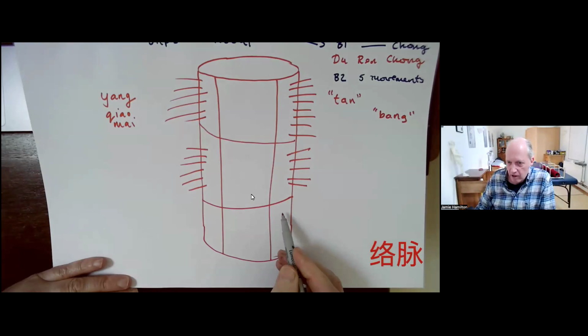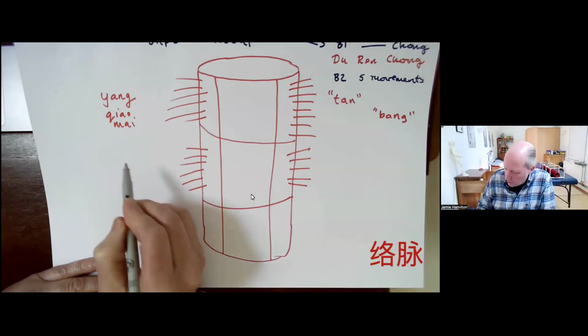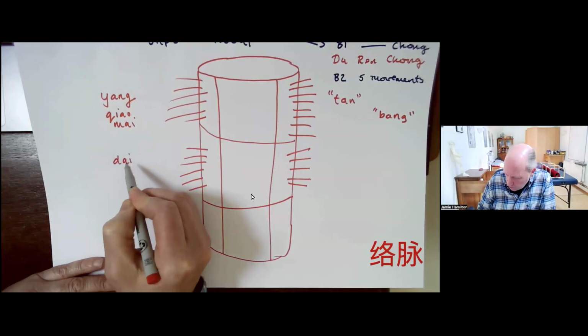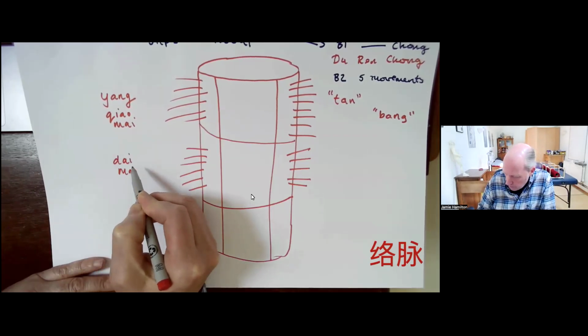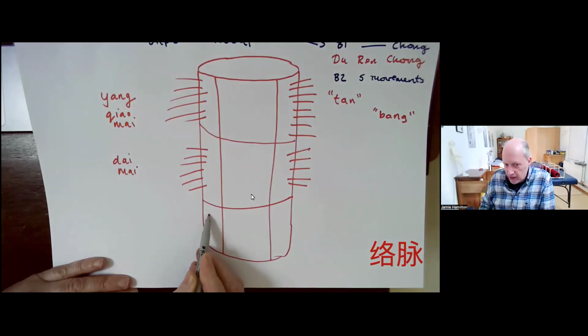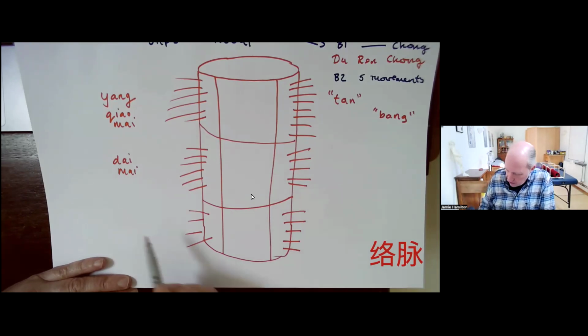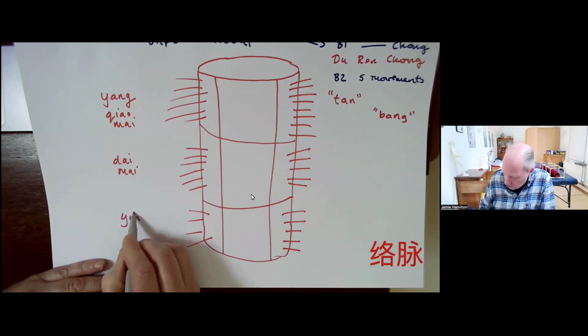In the middle one, on the left and the right, banging or tan is the Dai Mai. And then the left and the right banging, tan, is the Yin Chao Mai. Okay.